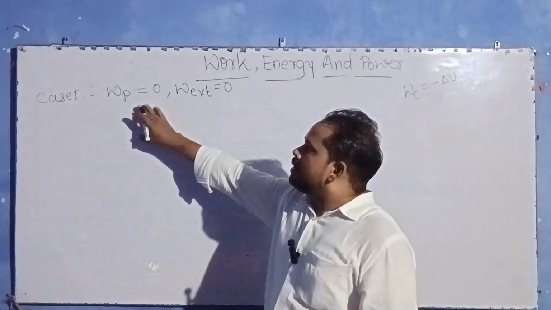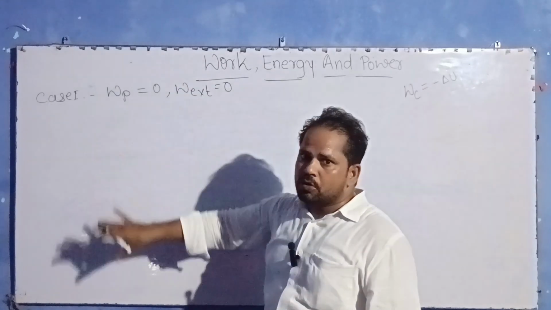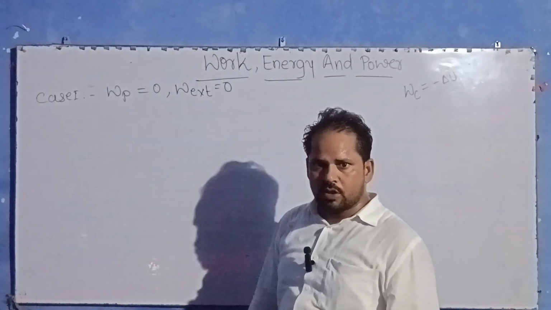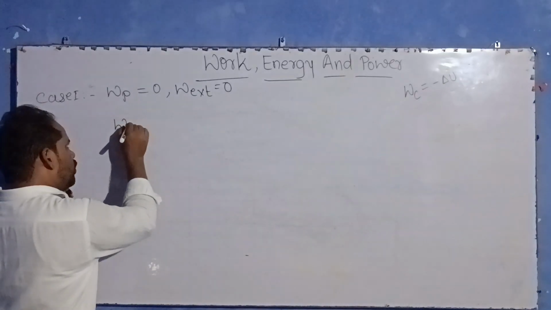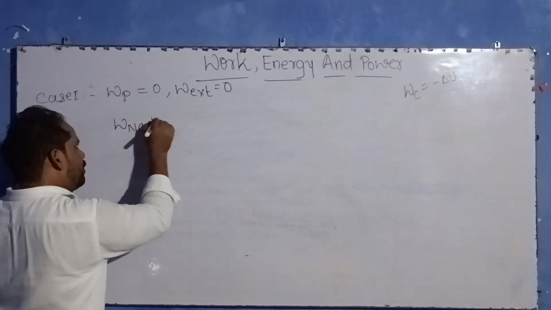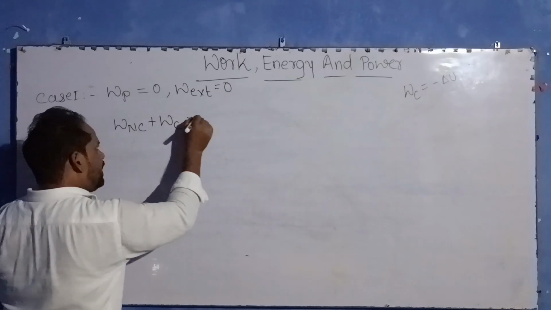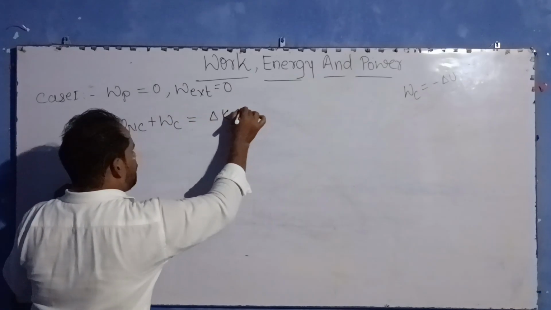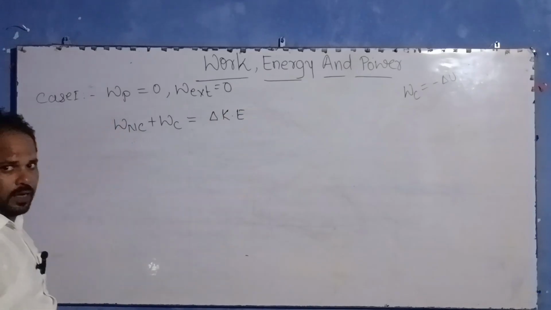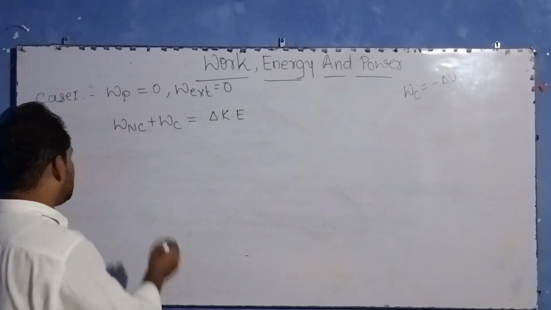Already we have said that there is no pseudo force, so work done by pseudo is also equal to 0. Then by the work energy theorem, work done by non-conservative plus work done by conservative is equal to delta KE, the change in kinetic energy.